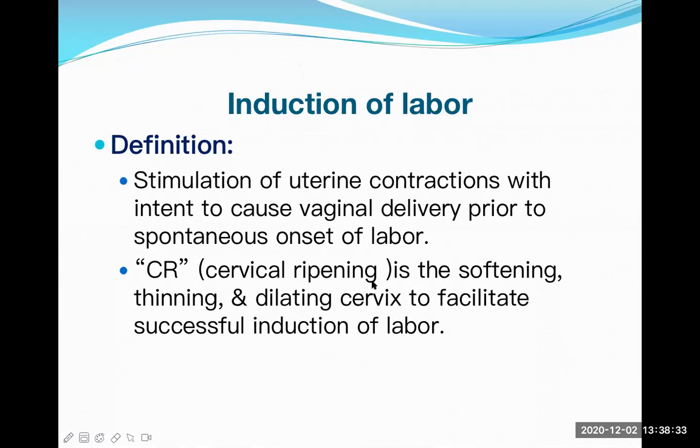It is the softening, thinning, and dilation of the cervix to facilitate successful induction of the labor. So the same drug or the same procedure which we use for induction of the labor will also do softening of the cervix, or ripening of the cervix. When we move on to the topic, you will understand clearly what I mean here.